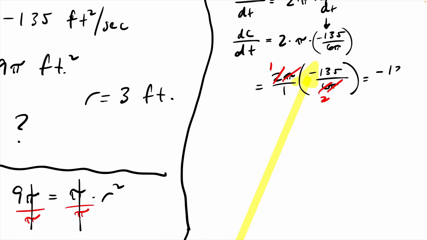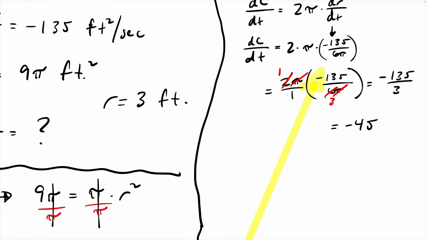You get negative 135 over 3, sorry, I put 2. It's going to be negative 45 dc over dt.